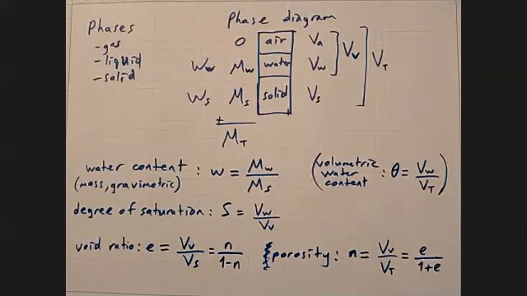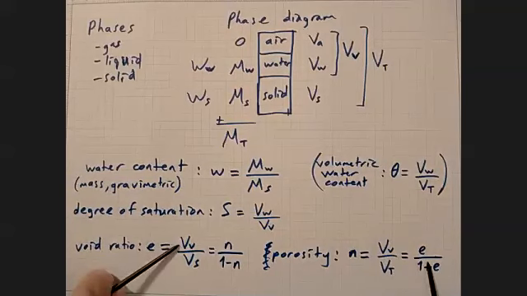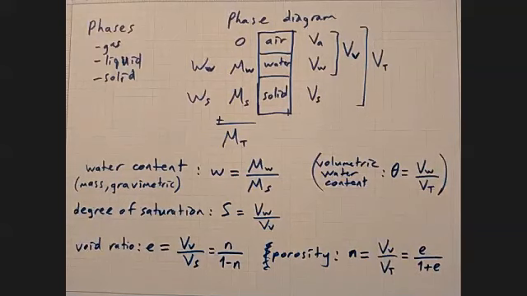Don't ever memorize this. It's always better to figure out by actually selecting the denominator as 1 in one of the parameters. So for example, for the porosity, what I did was I selected the volume of solids as 1 and then volume of voids becomes e, and then I could easily write the total volume is 1 plus e. So please don't memorize anything in this course.